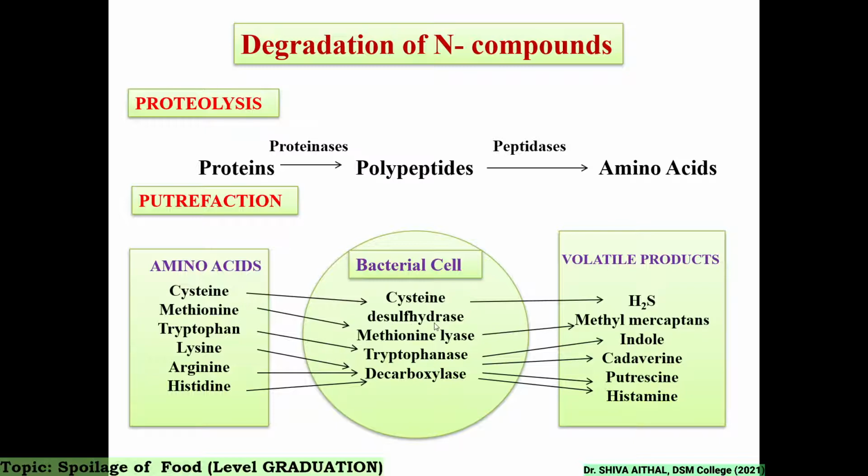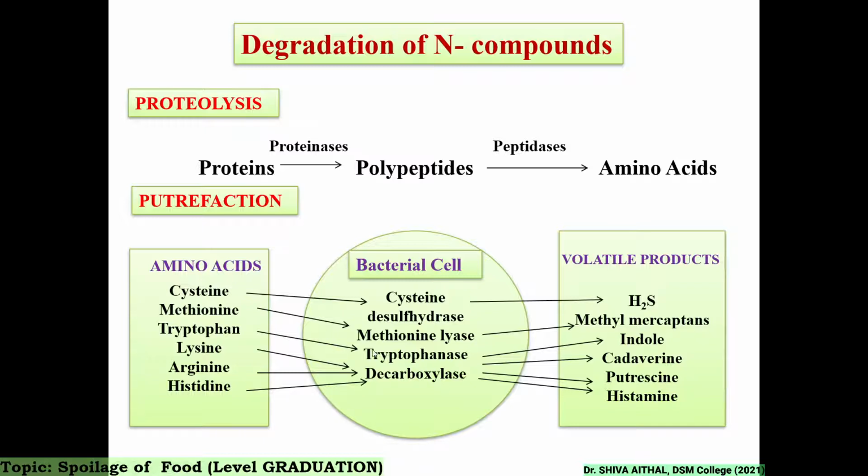See the reaction. Amino acids are converted into volatile products by the bacterial cell. Cysteine is converted to hydrogen sulfide by the enzyme cysteine desulfhydrase. Methionine is converted to methyl mercaptan by the enzyme methionine lyase.